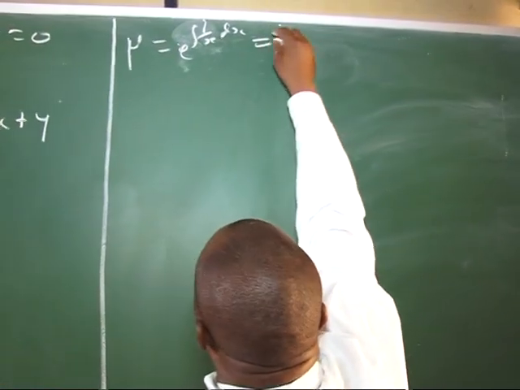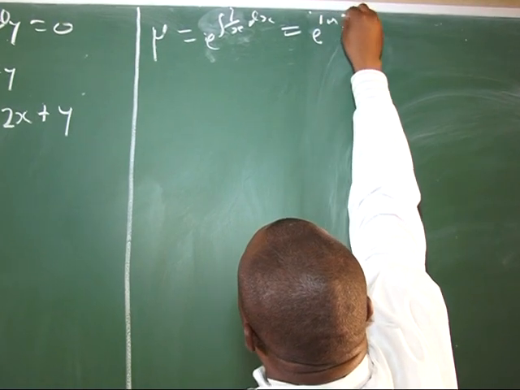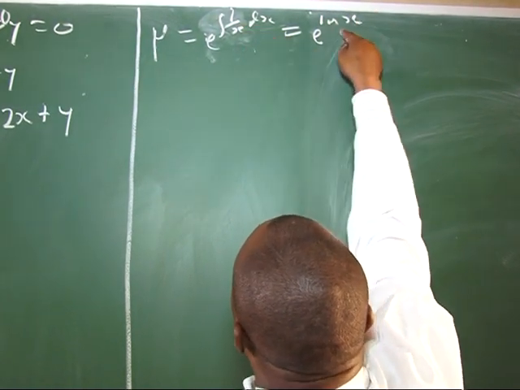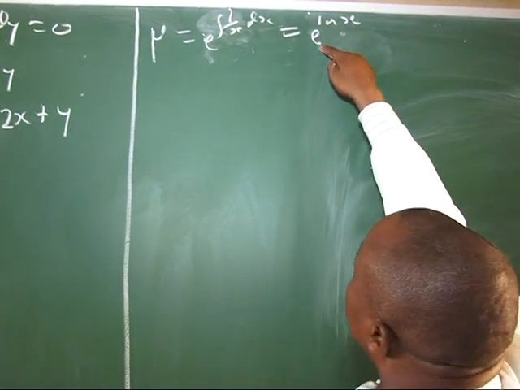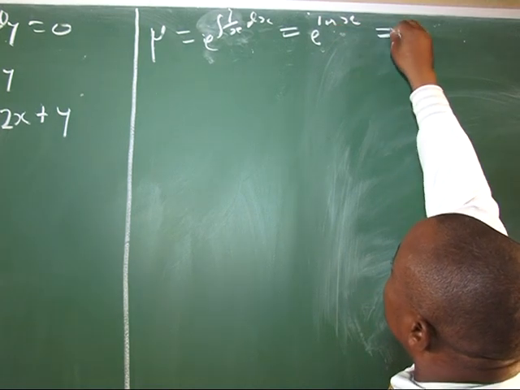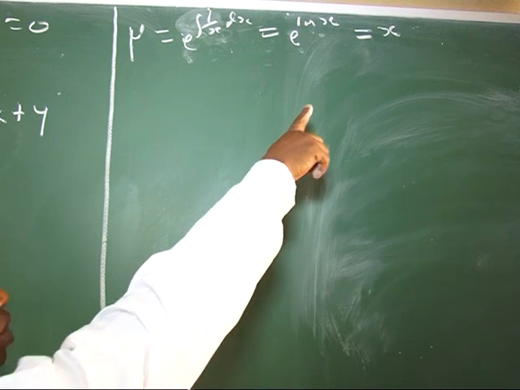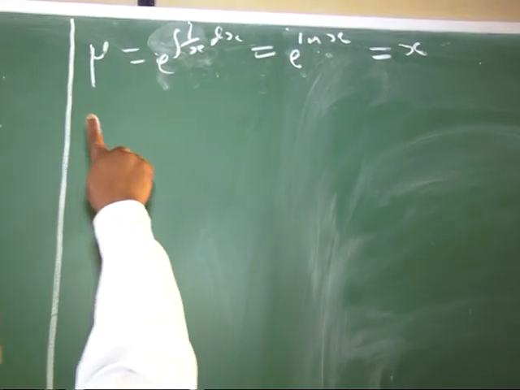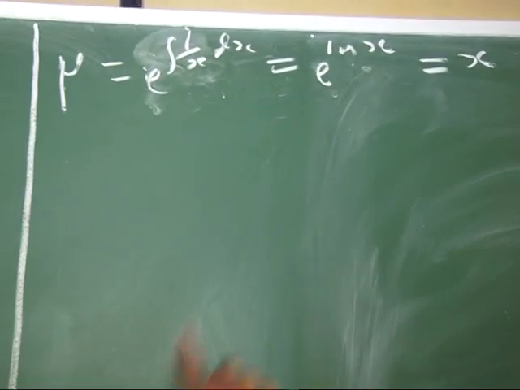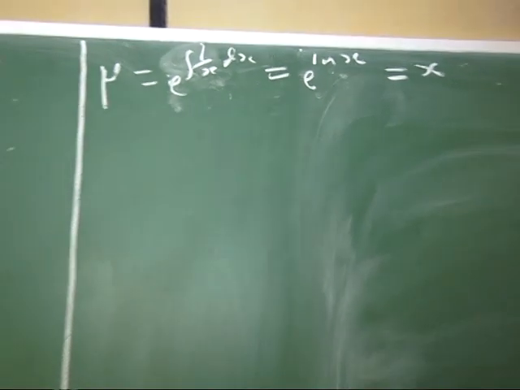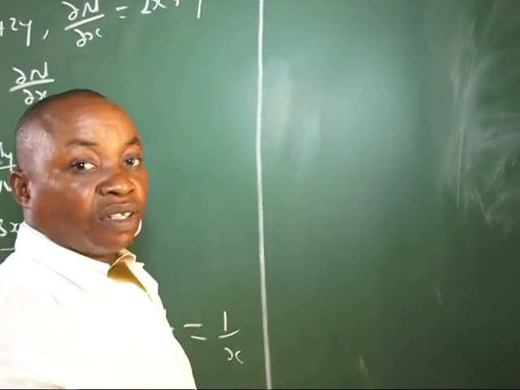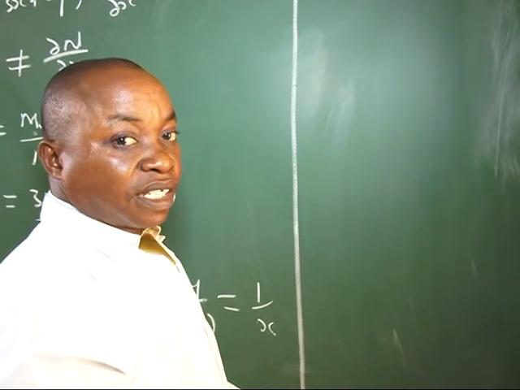That is the same as exponential of ln x. If you integrate this, you have ln x. Now, exponential of ln of a function is equal to the function. So mu is x. Now that we have the integrating factor as x, we'll use it to multiply the given equation, which will convert it to exact.